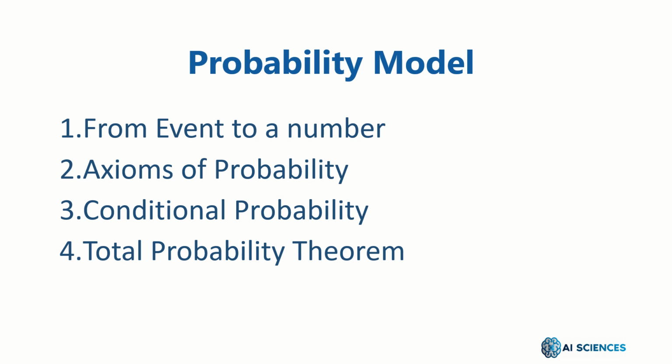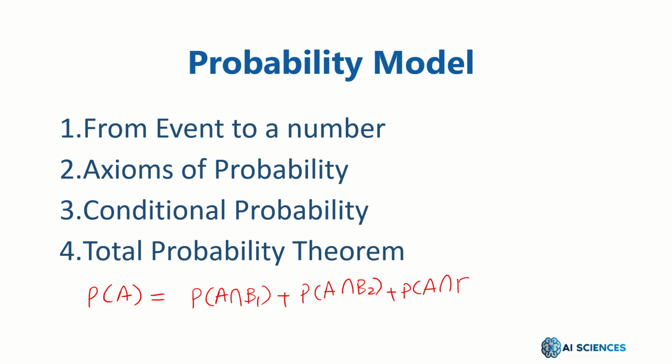Next, we talk about the total probability theorem. That is a very, very powerful theorem that uses this conditional probability. So for example, what's the probability of, let's say, A? A is some event. The probability of A is the probability of A and B1 plus the probability of A and B2 plus the probability of A and B3.